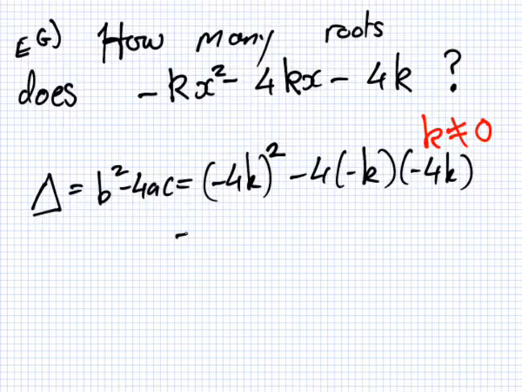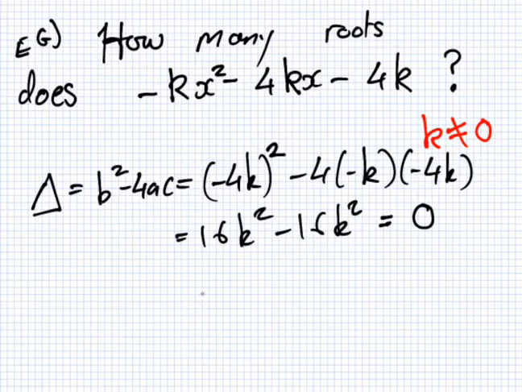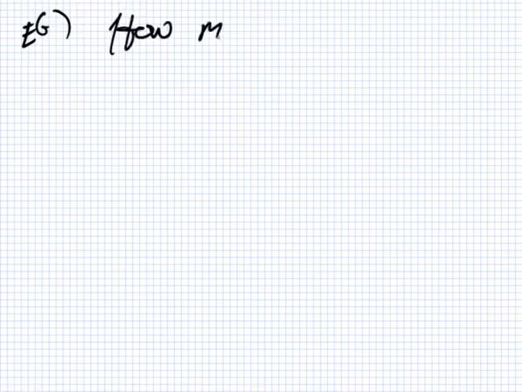The only thing we know about k at the moment is that k is not zero. Why do I know that, or how do I know that? Well, if it's zero, everything's zero. But more importantly, it can't be zero because then it's not a quadratic. So my question now is, how many roots does it have? And I don't know k, but that's all right. I don't need to know what k is to know how many roots there are.